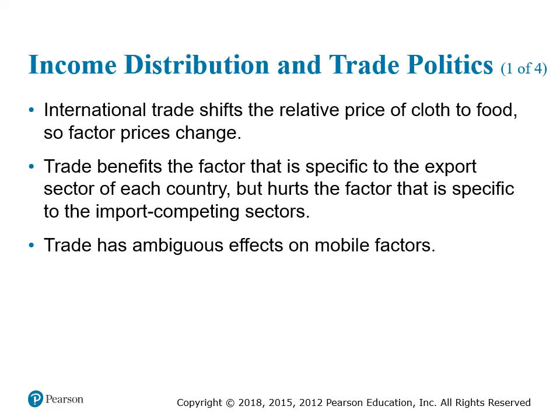And according to this model, the effect of international trade on labor is not clear. Well, because labor is mobile, they can easily switch from one sector to another, so they can just adjust to the effect of international trade.